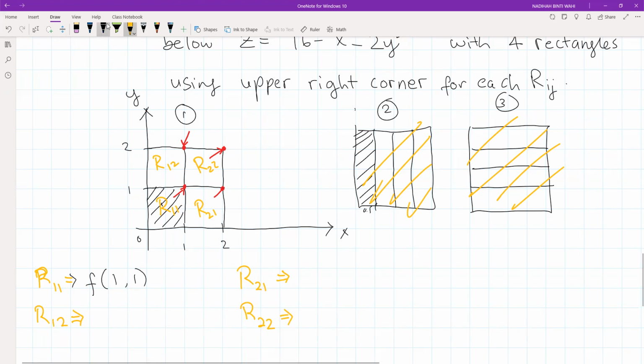Okay, so saya masukkan setiap ni. So this is F. R12 is what? 1 and 2. This one. 1 and 2. The coordinate first. Sama dengan apa dia? And then R21, coordinate dia apa dia? F of 21. 21 yang kat bawah ni.